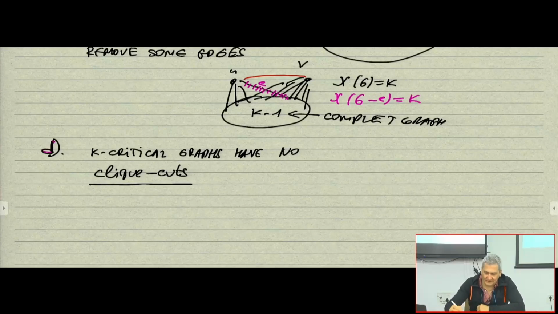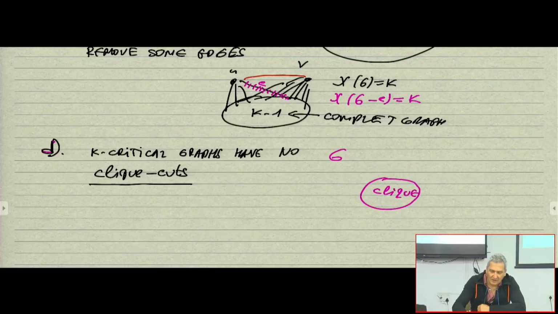There is a set of vertices. So here is my graph G. This is a clique. And when I remove this clique from the graph, I will get 2 parts.